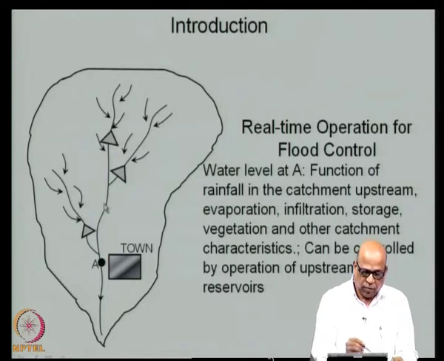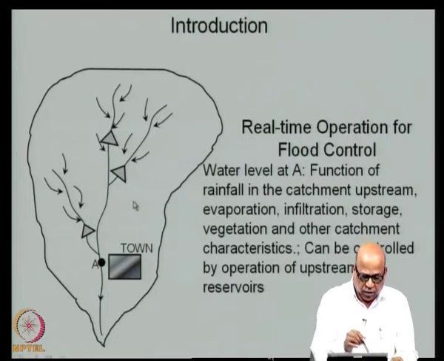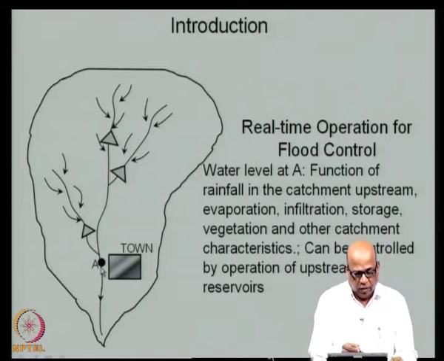It is a function of the evaporation, the infiltration, storage, vegetation and other catchment characteristics. Let us say these reservoirs were not there, how would the flow have taken place? It takes place as overland flow and then comes through the stream channels, and the level at this point is determined by various factors like this.